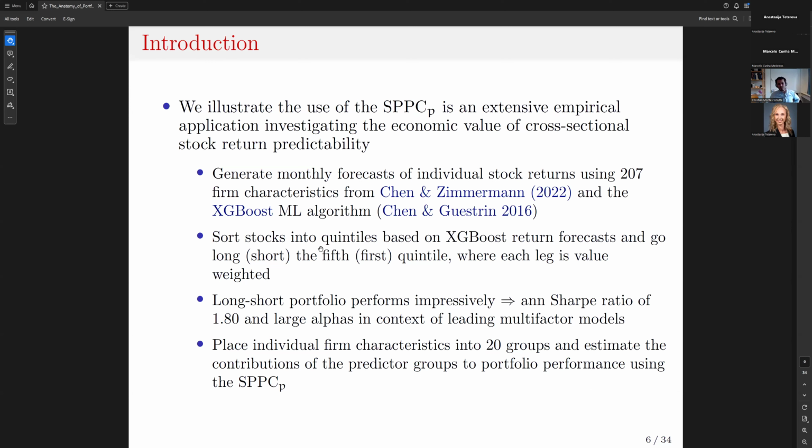So we sort stocks into quintiles based on XGBoost, and we go long the top quintile and short the bottom quintile, and each leg is evaluated. We do something slightly different from the literature, because normally the literature has used a regression model, and then gone long the top predictions and short the bottom predictions.